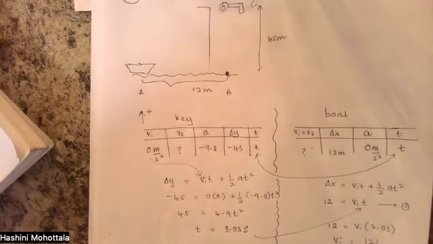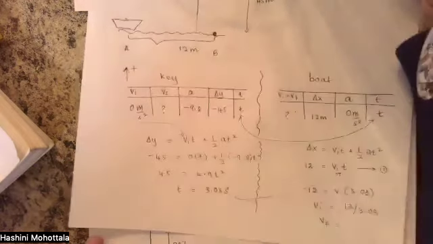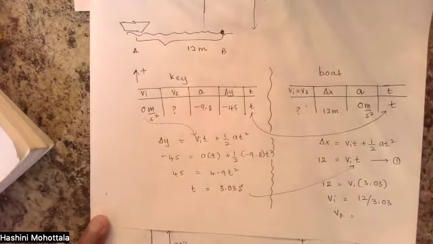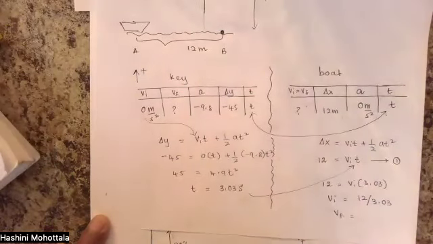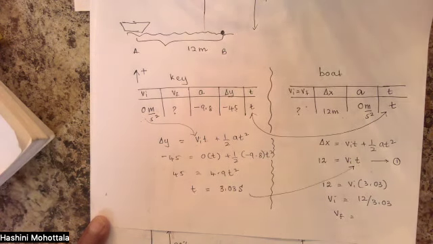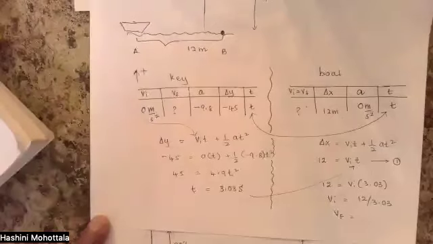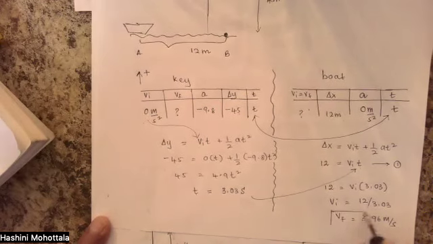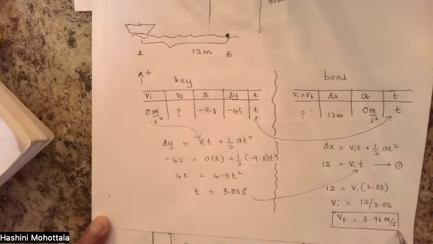So I believe it is also 3 point something, right? 3.96 meters per second. And that is the speed of the boat.